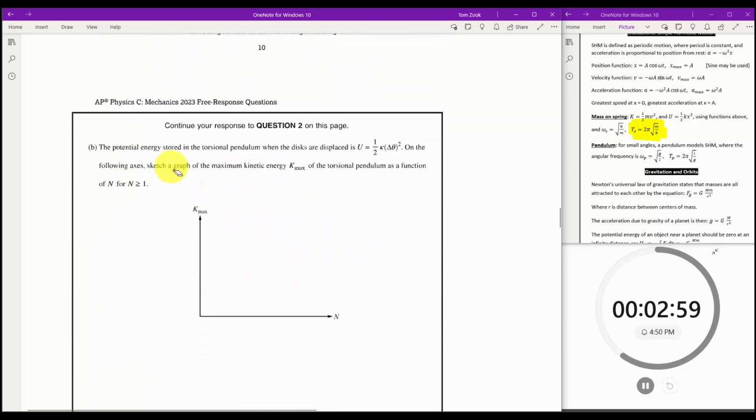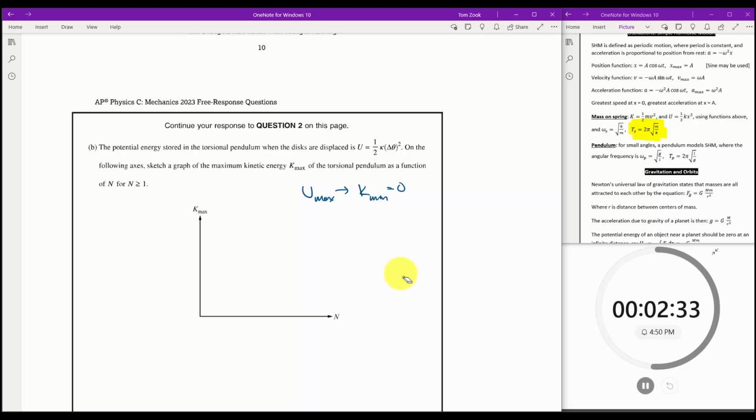Part B: the potential energy stored in a torsional pendulum when the discs are displaced is this. On the following axes, sketch a graph for the maximum kinetic energy of the torsional pendulum. With any sort of oscillator, the maximum U is going to be when the K is minimum, or technically when the K is 0, the U is going to be maximized.